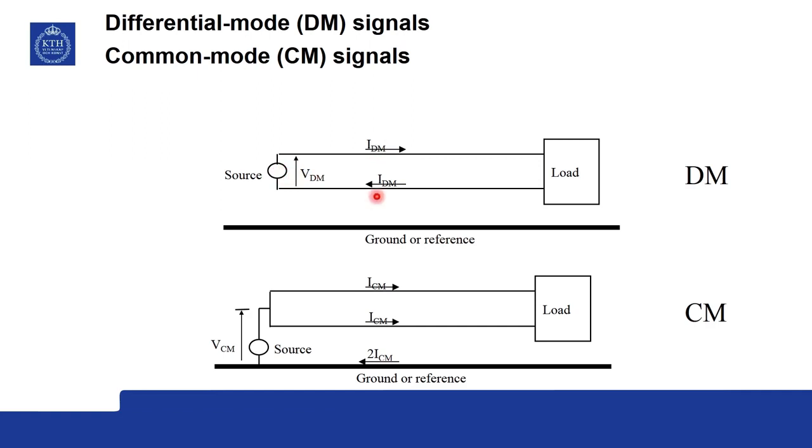So, this shows one instant of time. You have a current flow like this and a return current of equal magnitude like this. So, this current and this current are the same, but opposite in direction. This is called a differential mode. Normal signals are all differential mode signals, and there can be some noise, EMI, also circulating in the differential mode, say for example, some of the switching noise or some other electronic noise.